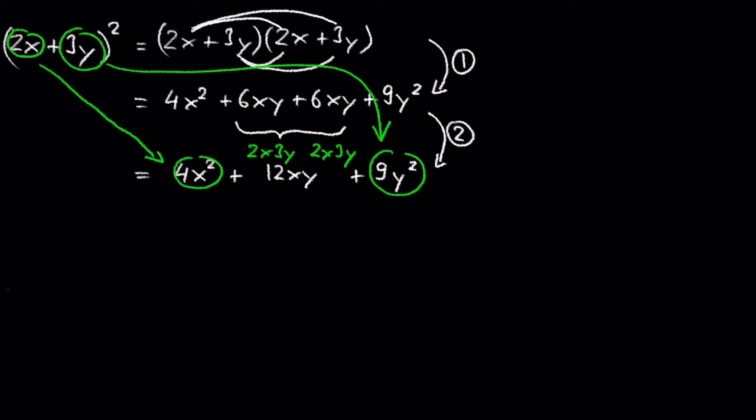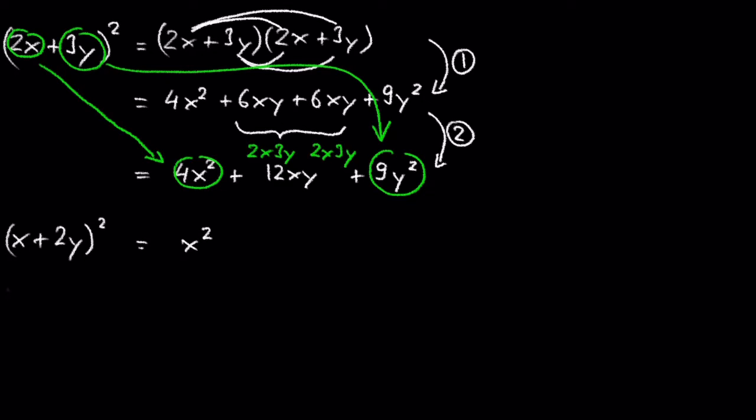So let's apply the knowledge from our first example in the second example, which is (x + 2y) squared. We know from our first example that we have to square the first addend, which is x, and when squared, it's x squared.